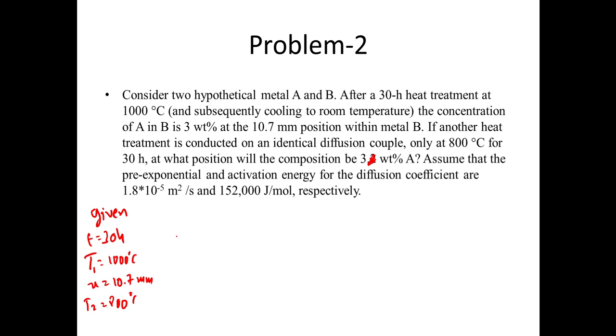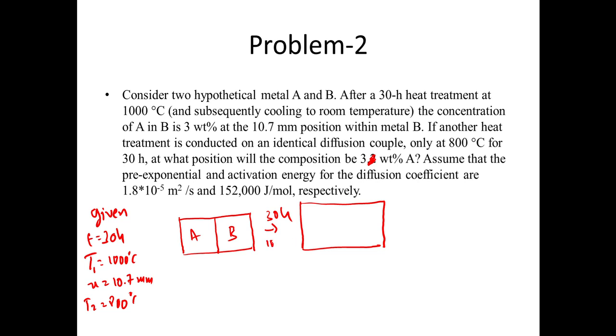I will explain the first question, then we'll move to the solution. Consider the hypothetical diffusion couple A and B. So he will be doing some annealing of 30 hours at 1000 degrees Celsius. After that, this will be x equal to 0.